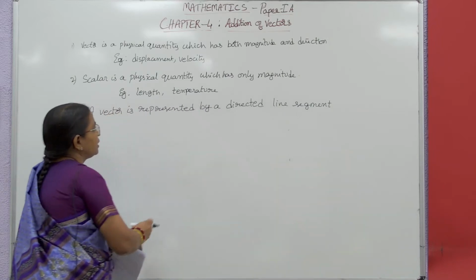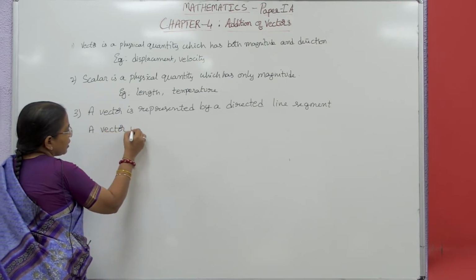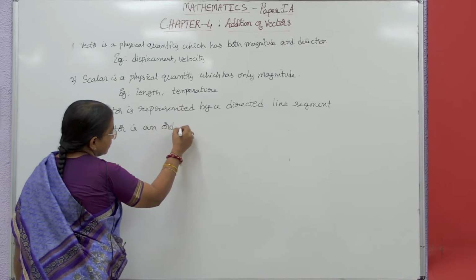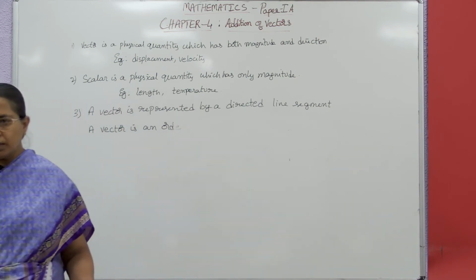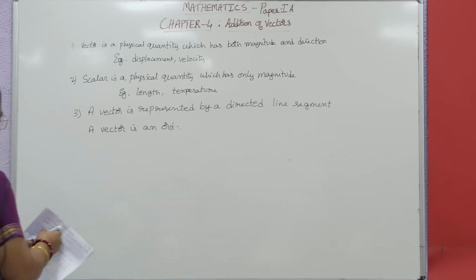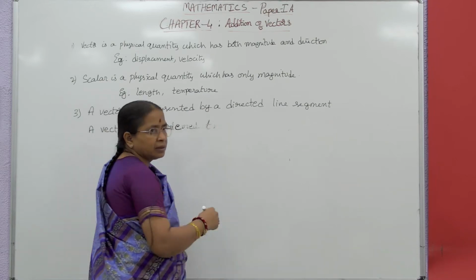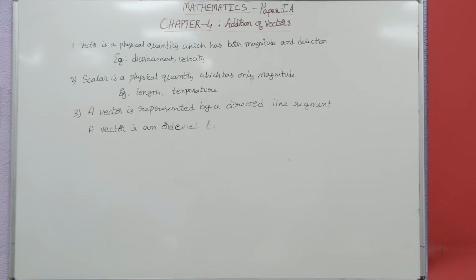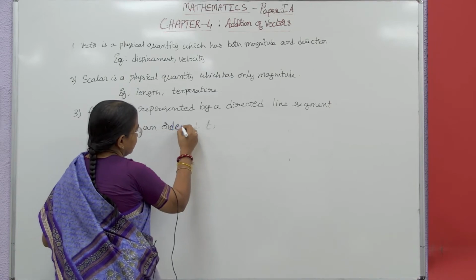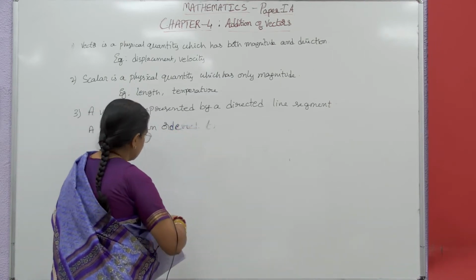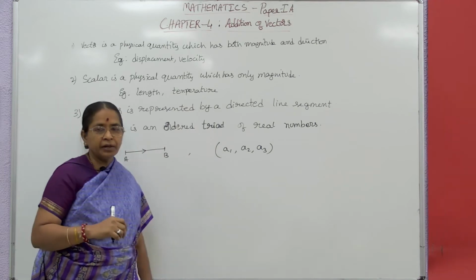We also represent it mathematically as an ordered triad: a vector is an ordered triad of real numbers.